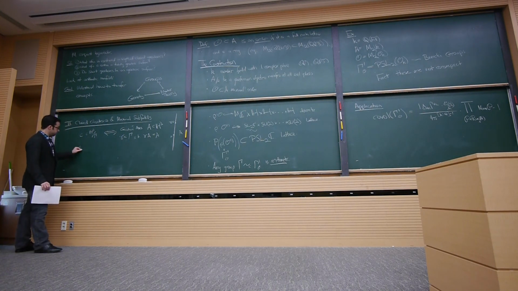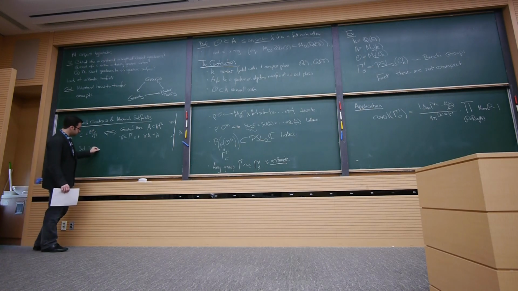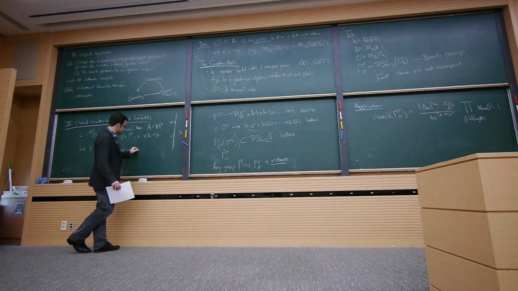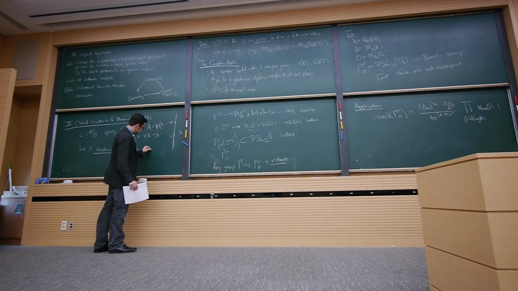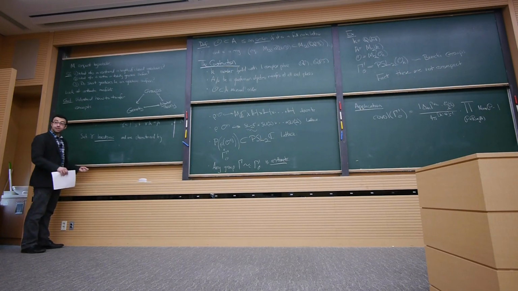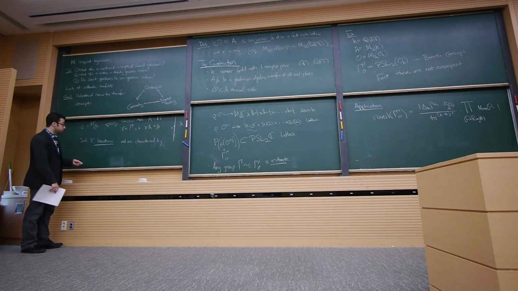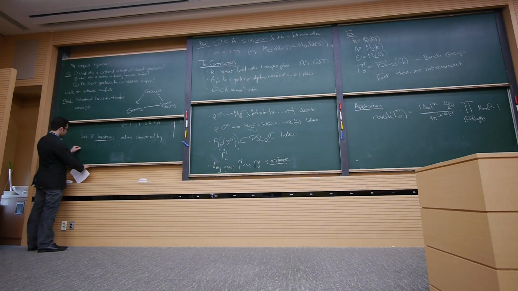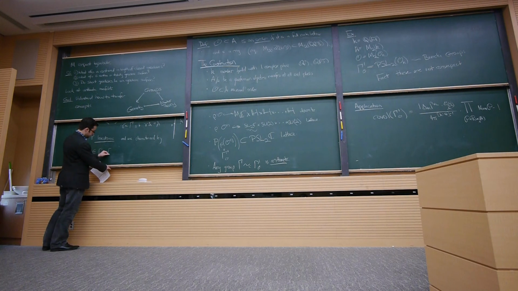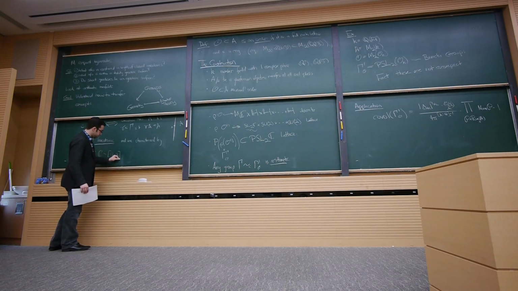So we call such gamma loxodromic, and they are characterized by the fact that, when viewed as sitting inside of PSL2C, the trace is inside of C minus this little piece of the real numbers.